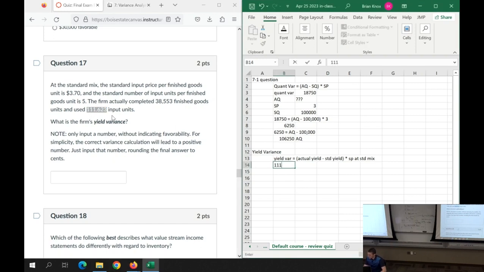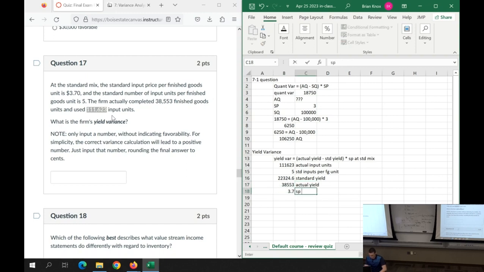So 111,623, 5 standard inputs per FG unit. This is the actual input units. So this would be our standard yield. Okay, I'll copy down the other information that was in the problem. Actual yield was given to us.